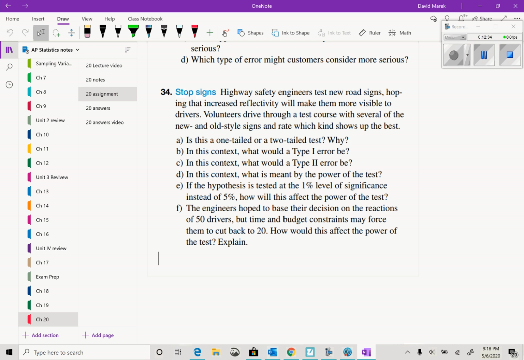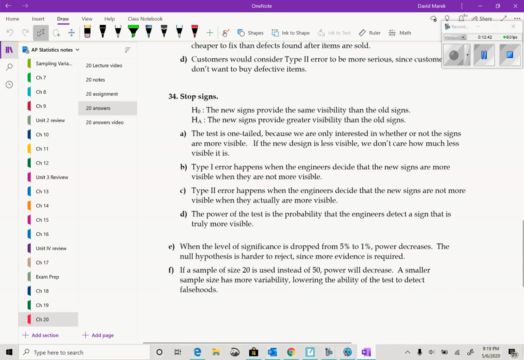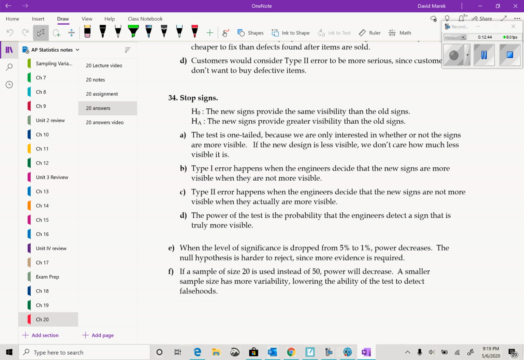Part D, the power of the test. Now again, this is a strange concept here. It refers to our ability to make that right call at the very end. The power of the test is the probability, in this context anyway, that the engineers detect a sign that is truly more visible.